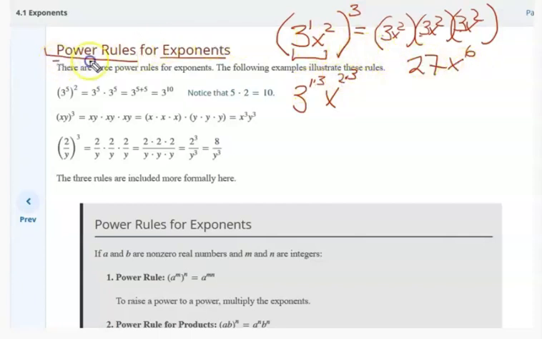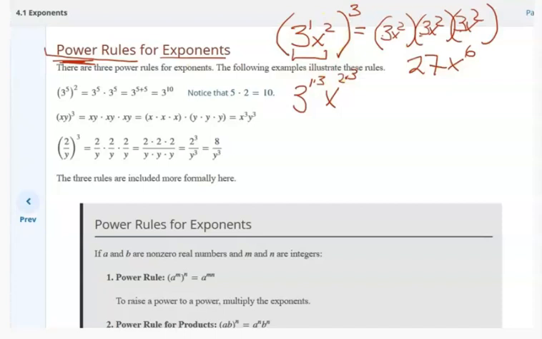So in the power rule, it unfortunately begins with the letter P, the same as product, so it can be confused. Students wonder, do I multiply, do I add? Well, for the product rule, you add. For the power rule, this is our illustration, you're going to multiply.